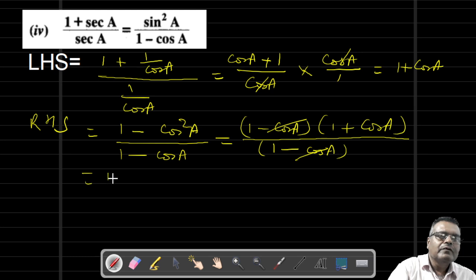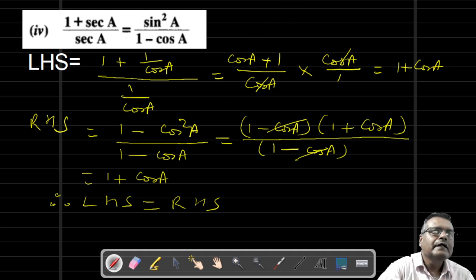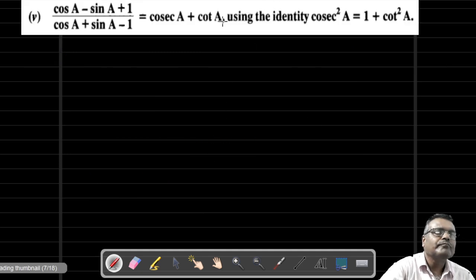You are getting 1 plus cos A. Therefore, LHS and RHS are the same. LHS equal to RHS. This is proved.